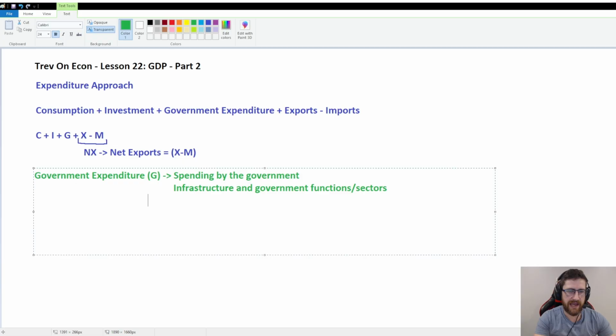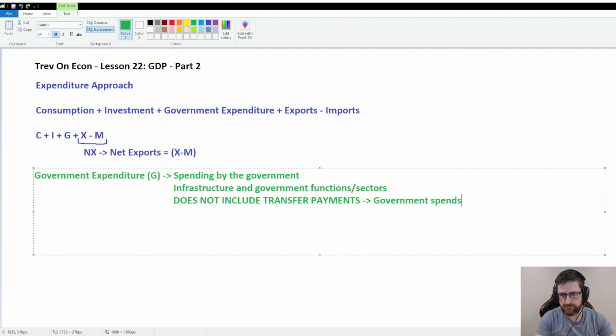This one also has a weird exclusion. It does not include transfer payments. Okay. We haven't talked about transfer payments yet, but transfer payments are where the government gives you money but gets nothing in return.